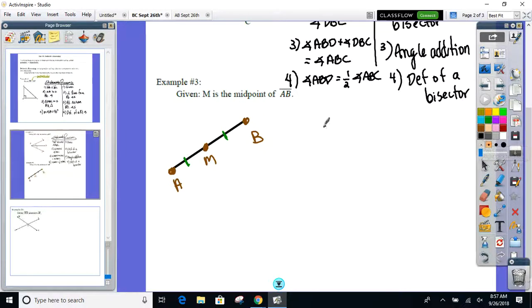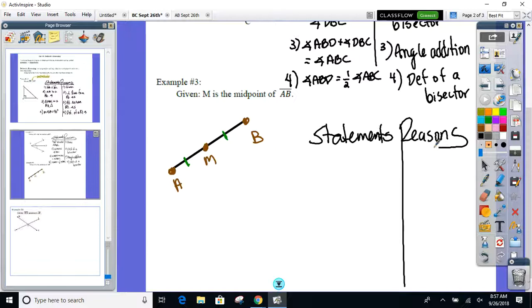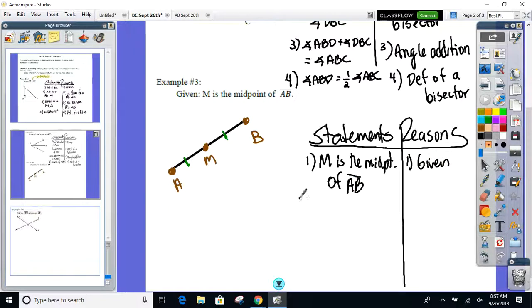Okay, let's write our thoughts down. We'll go a little quicker now that we're picking this up. Okay, write what you marked on your diagram.